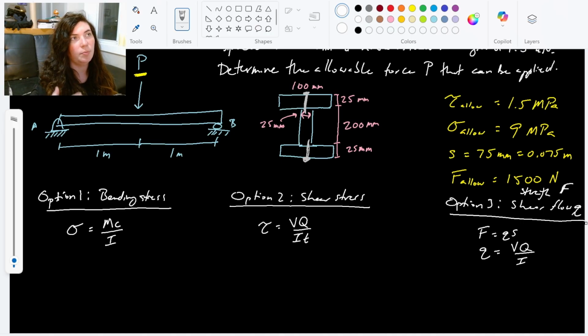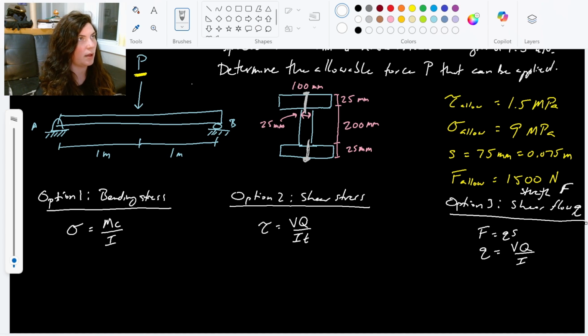So you can kind of pick how you want to approach this first, whether you want to go through the geometry, or since you know you need a shear and a bending stress, or shear and moment, you can start with a shear and moment diagram. So I think that's how I'm going to start this one.